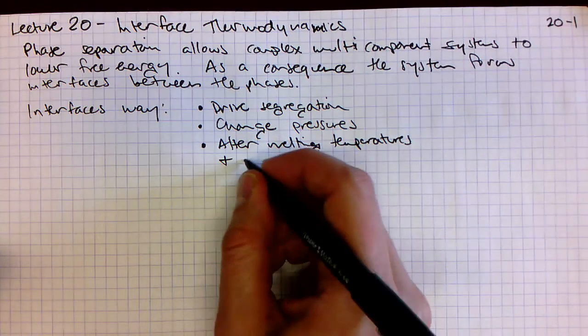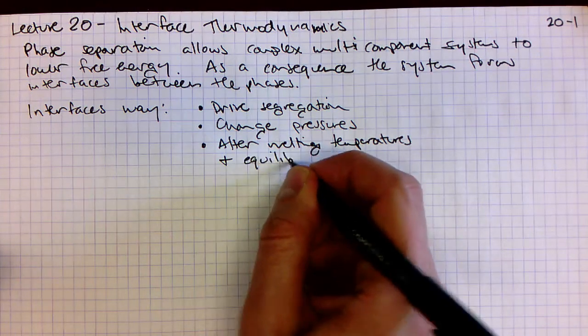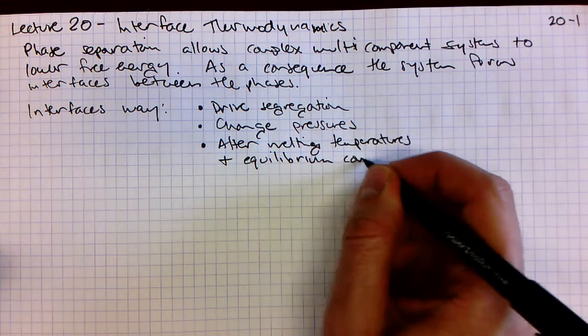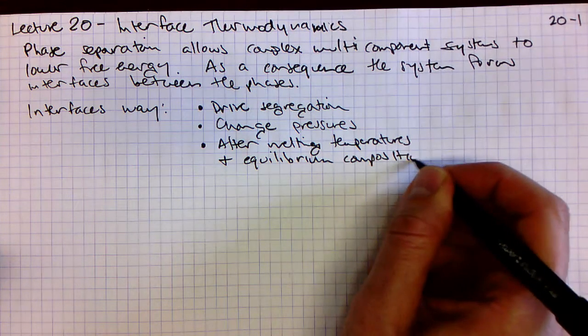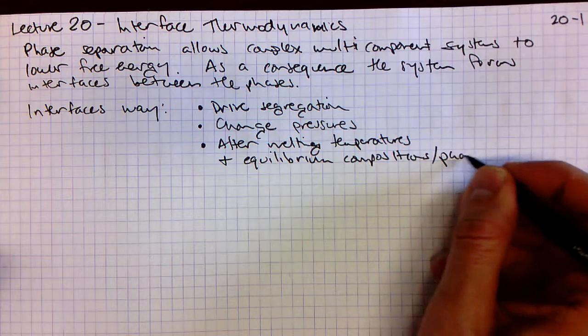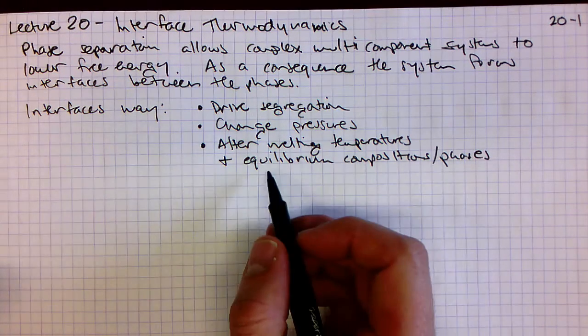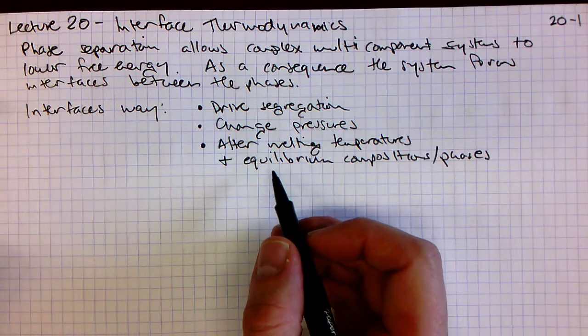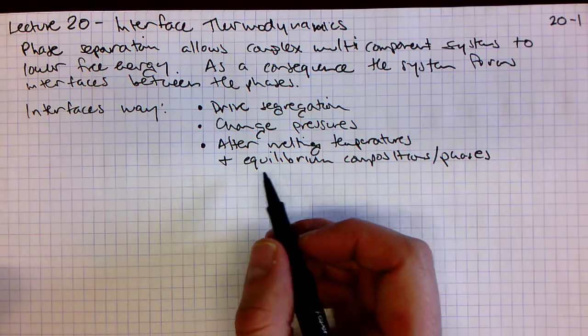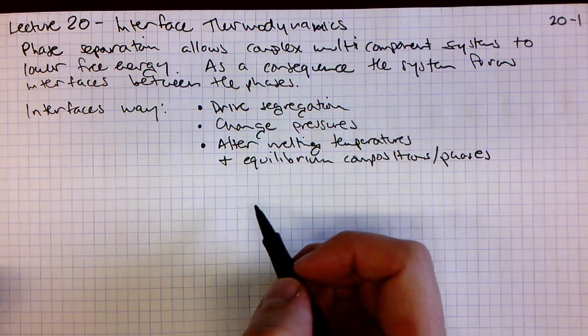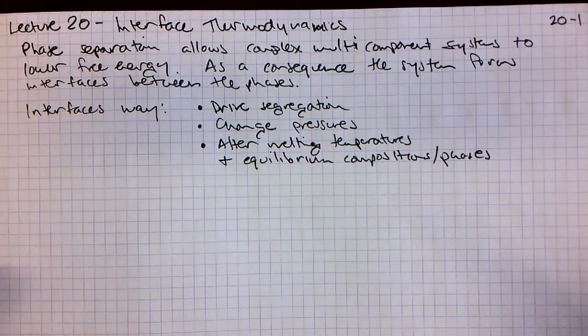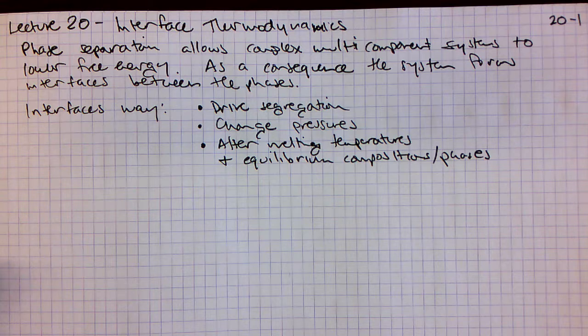And they can also change equilibrium compositions or phases. So it's important, especially when the interfaces become small or we have many interfaces, to understand how these interfaces are affecting the system as a whole. And they're important for understanding the process of phase separation in general.